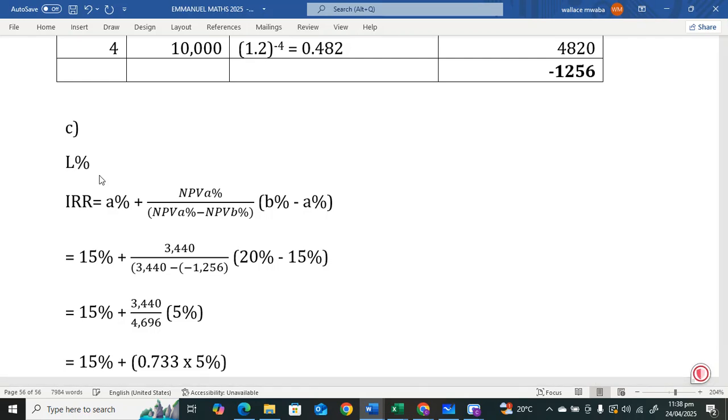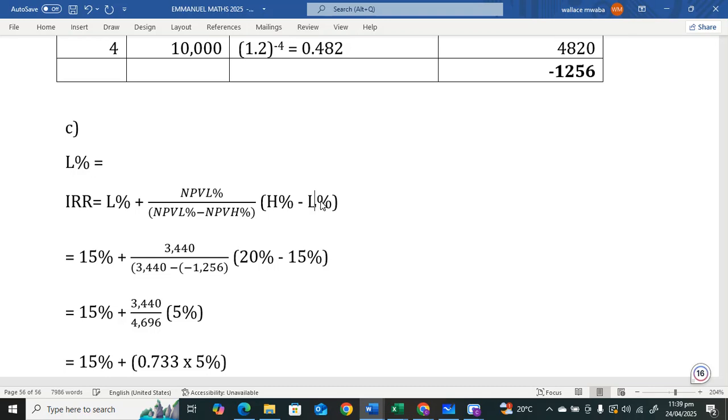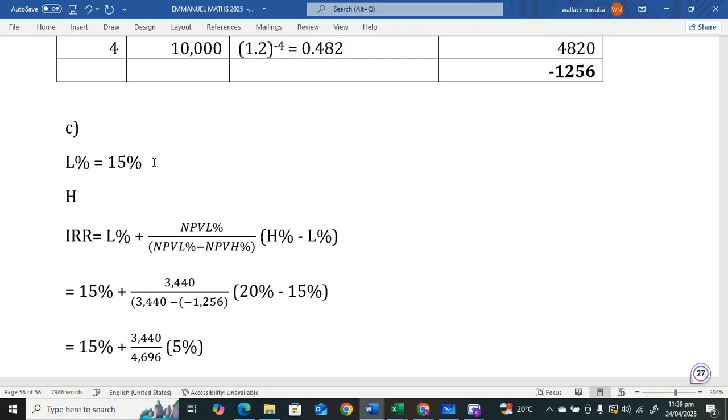So we said L percent, lower discount rate. Let me just substitute L and H. Okay, so L percent is 15%, H percent is 20%, lower and higher discount rates.